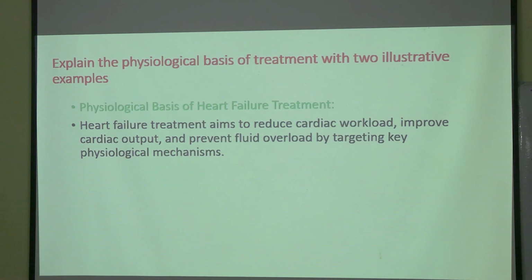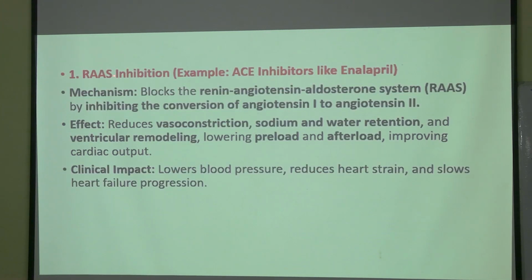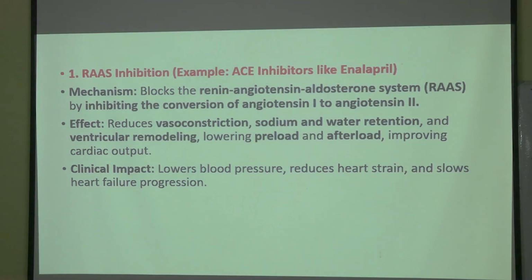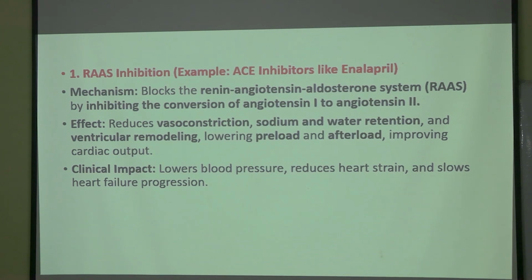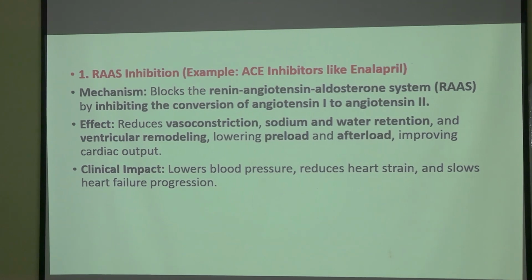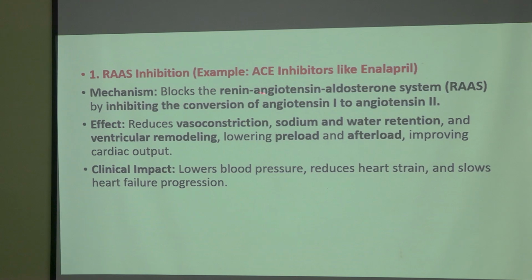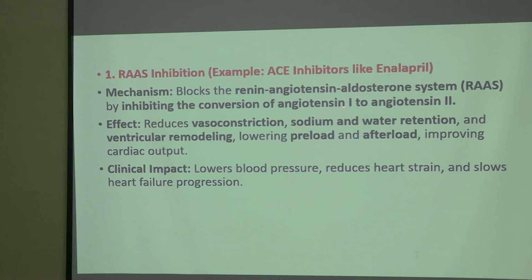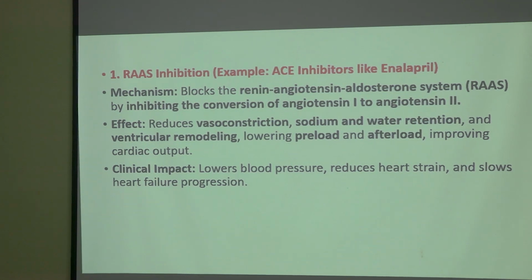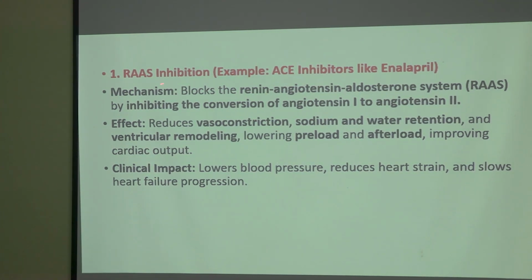You can see the physiological basis of heart failure treatment. The first one is renin, angiotensin, aldosterone system inhibition. Again, like the previous one, there are some inhibitors which inhibit the action of angiotensin converting enzyme. So it blocks the renin, angiotensin, aldosterone system by inhibiting the conversion of angiotensin 1 to angiotensin 2. So what is the effect of these inhibitors?